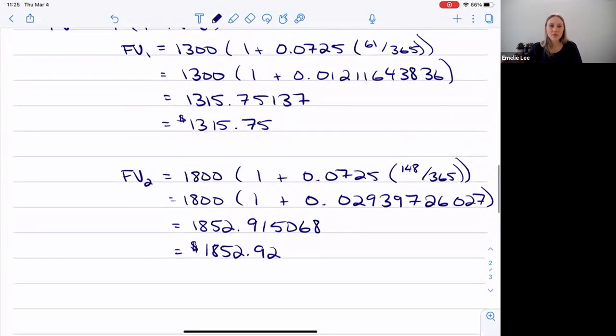I want you to get in the habit of making sure that your answers make sense, right? Does this make sense? Well, I borrowed $1,300 and then I have to pay back $1,315.75. That's a little bit more than what I borrowed. That makes sense, right? If you ended up at $1,000 down here, then something went wrong and you should go back and check your work.